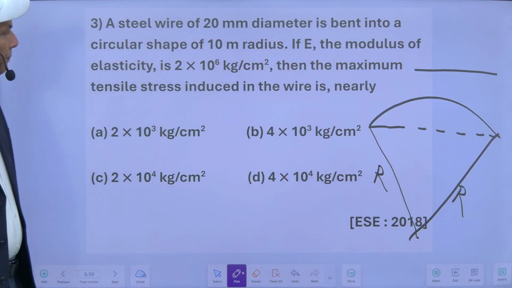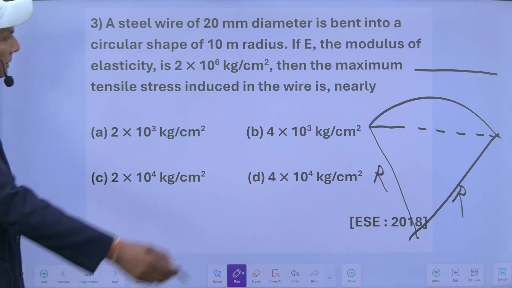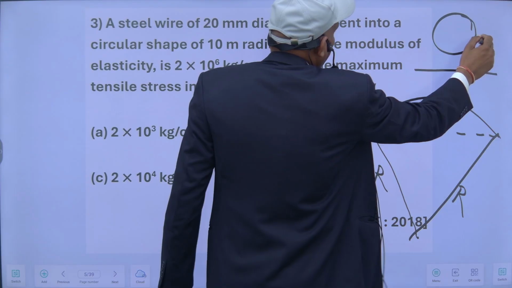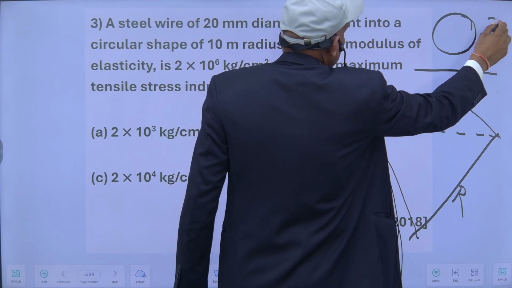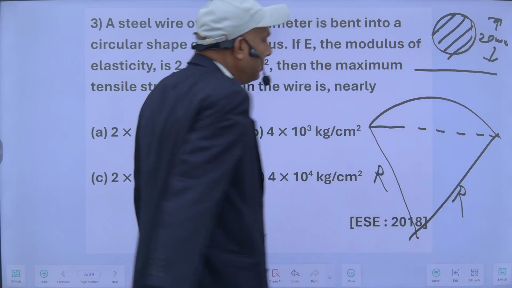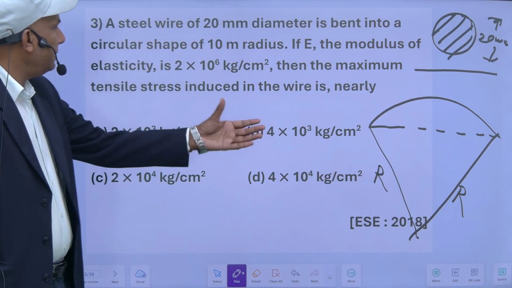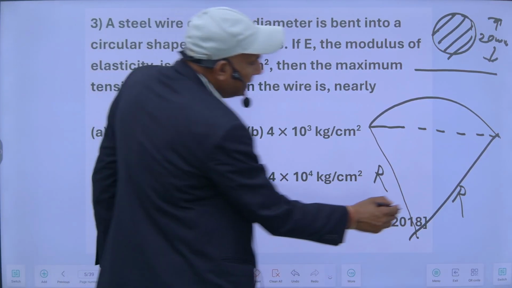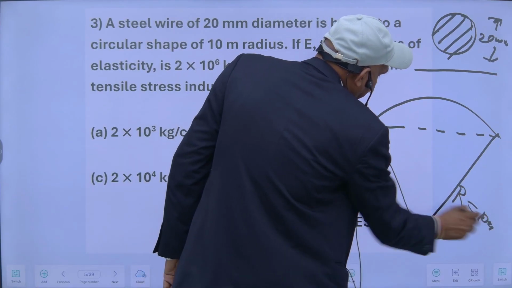This is R, and its cross section is like this. This is 20 mm dia. The cross section of the bar is like this. It is bent in this way, in a circular arc shape of 10 meter radius. This R is equal to 10 meter.